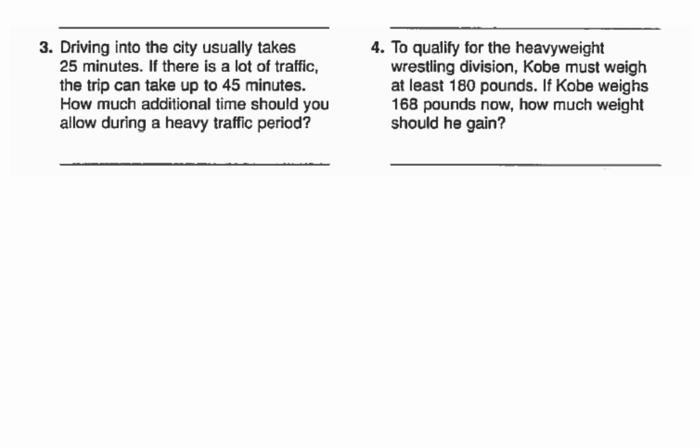All right, let's look at number 3. Driving into the city usually takes 25 minutes. If there's a lot of traffic, the trip can take up to 45 minutes. How much additional time should you allow during a heavy traffic period? Up to 45 minutes means less than or equal to 45.